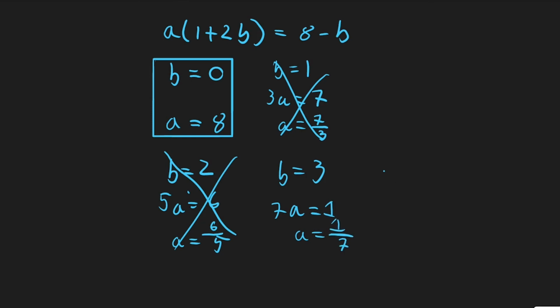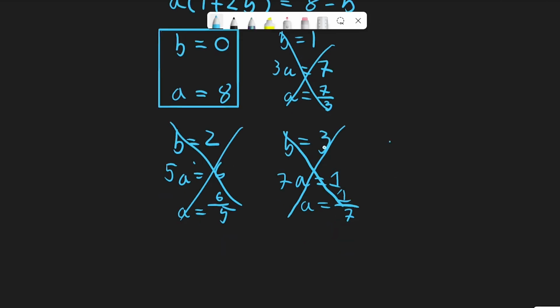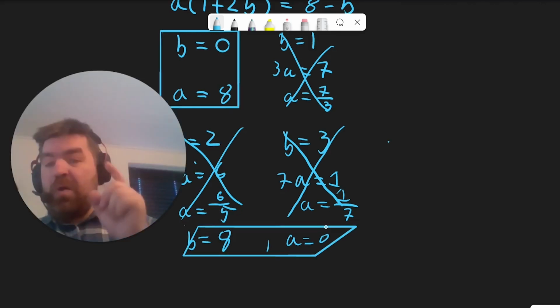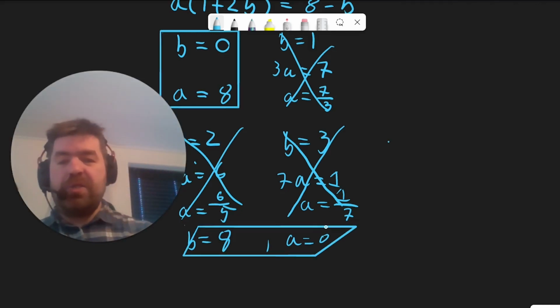Again, this is not a solution. And now we'll see that when b is increasing, then a will decrease. And it will decrease all the way up to b being equal to 8, then a will be equal to 0. So there were two natural solutions if we assume that 0 is a natural number.